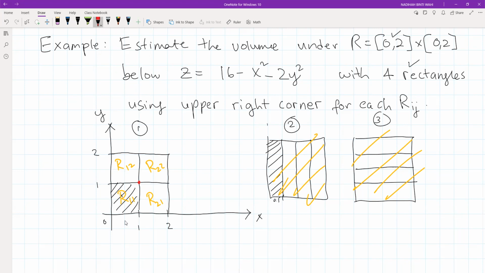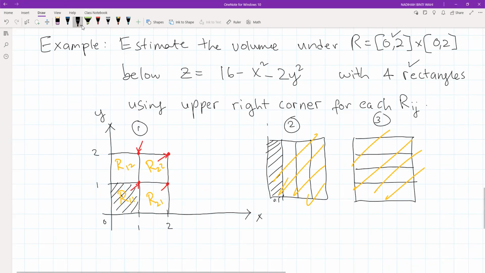Untuk R11. So this is for R11. R21 corner dia di sini. R22, the corner is right here. And then this is for R12. So dia ambil corner yang di sini. Okay, so maksudnya kita kena plug in the values.